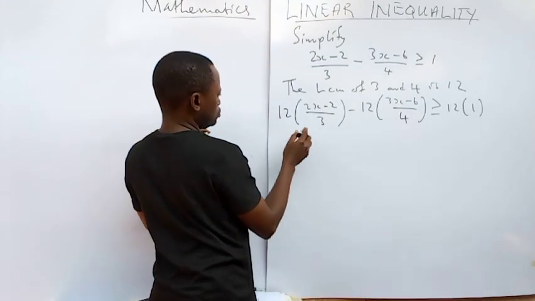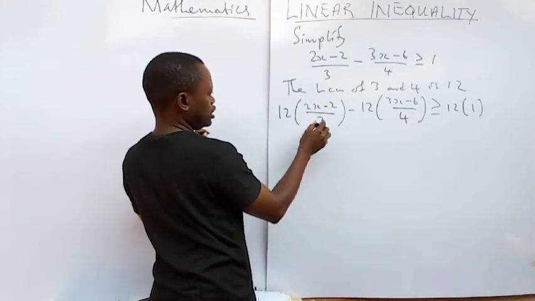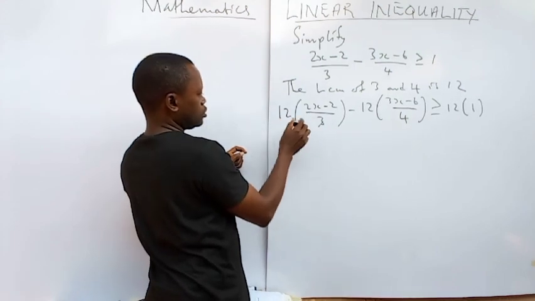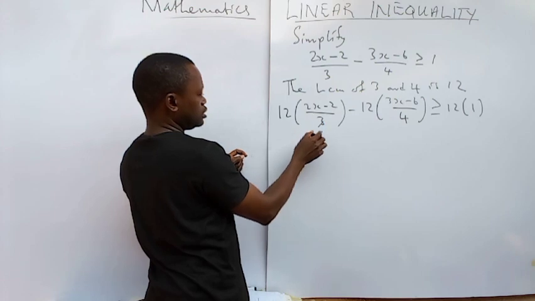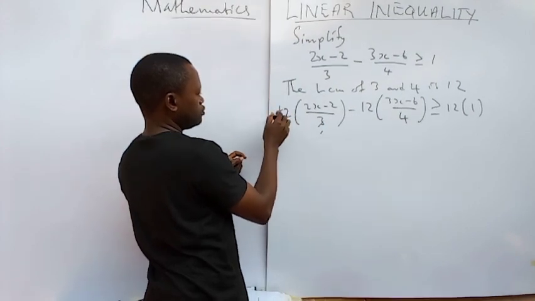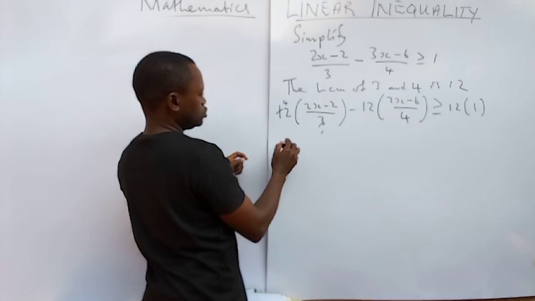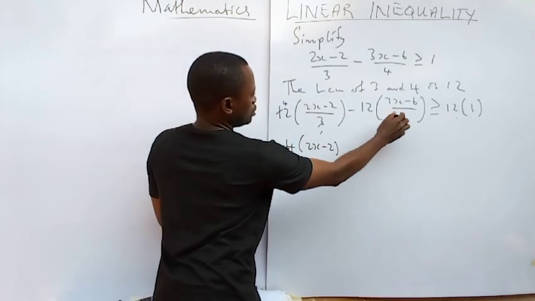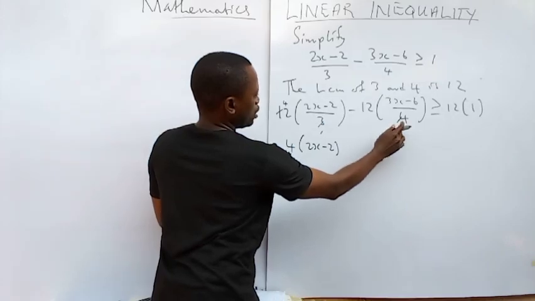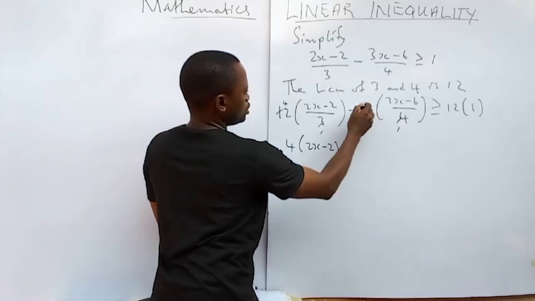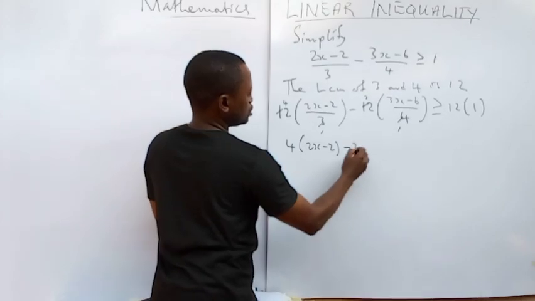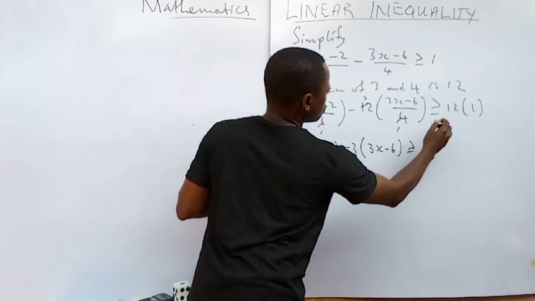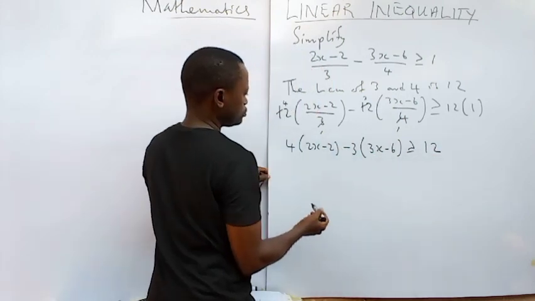The next thing we do will be to reduce this. 3 cancels 12 to give us 4, so we have 4 in bracket (2x minus 2). Then here, 4 cancels itself, and we have minus 3 in bracket (3x minus 6) greater than or equal to 12.